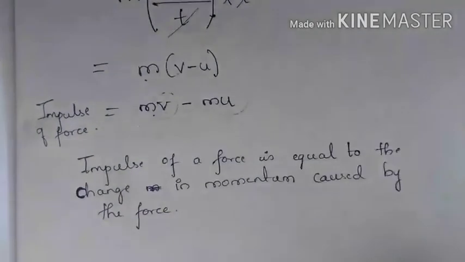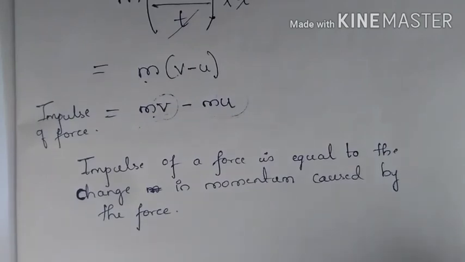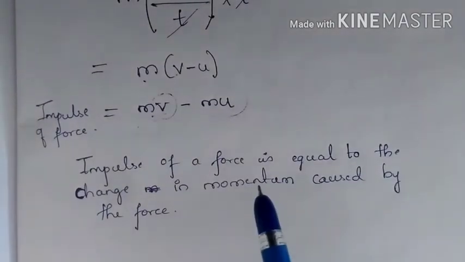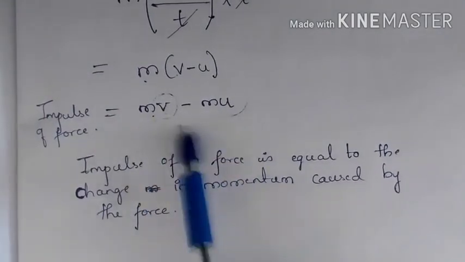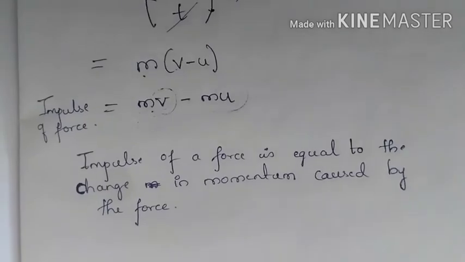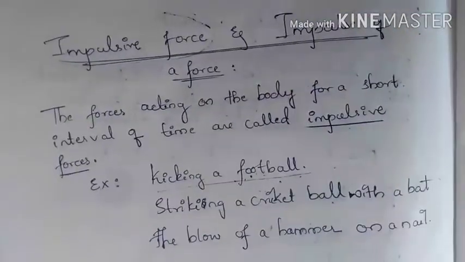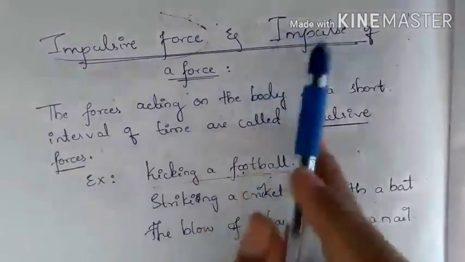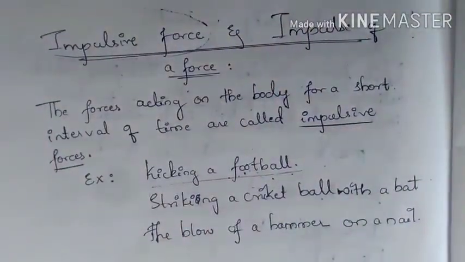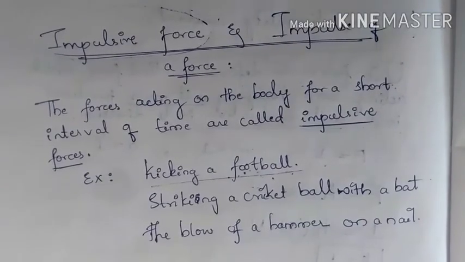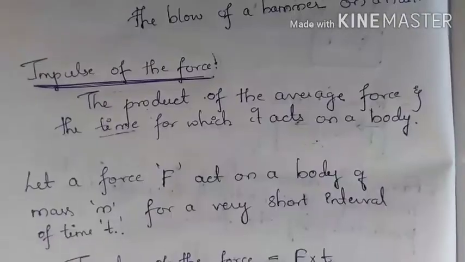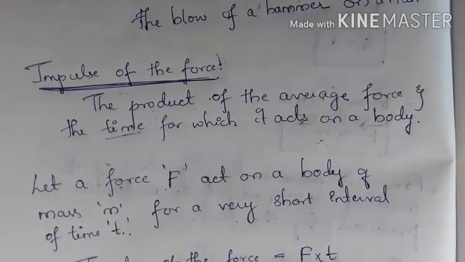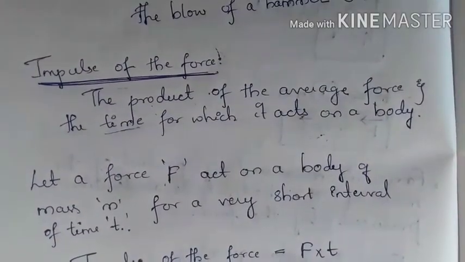Its unit as well as dimensional formula is the same as that of momentum. Clear? Hope you have understood the difference between impulsive force and impulse of force. The force acting on a body for a short interval of time is called impulsive force, and the product of average force and the time for which it acts on a body is known as impulse of the force.